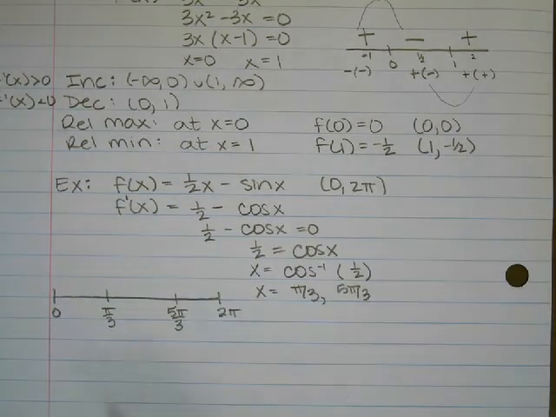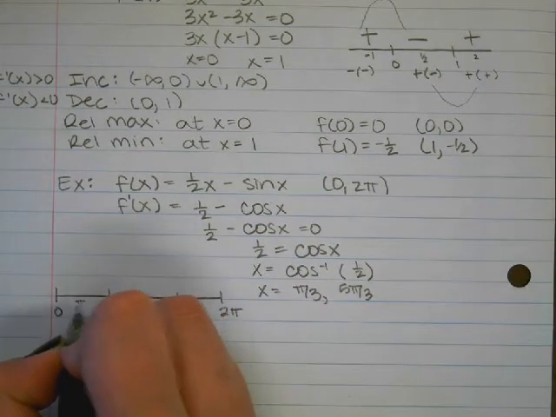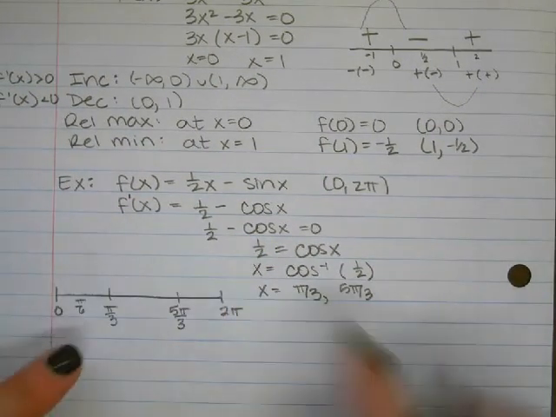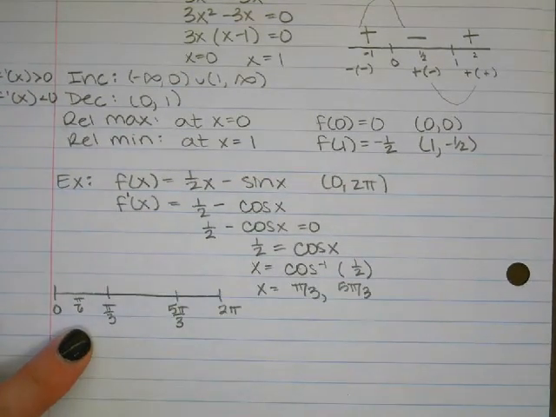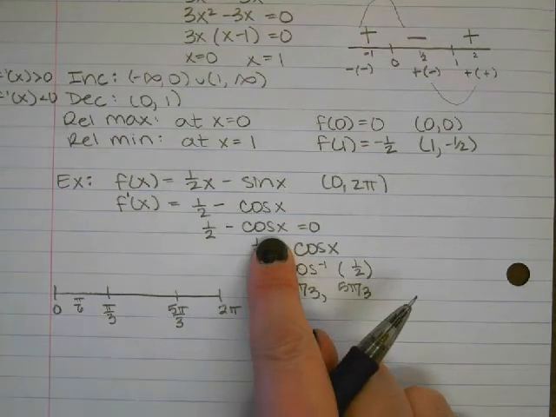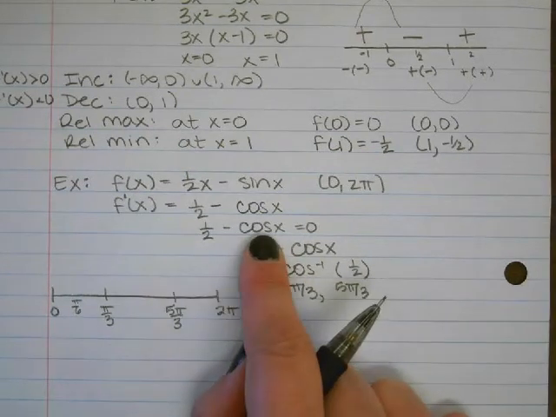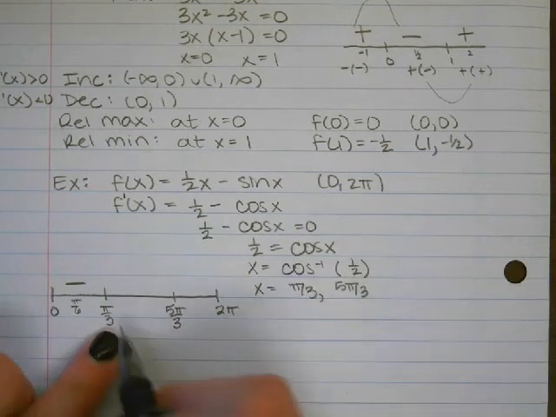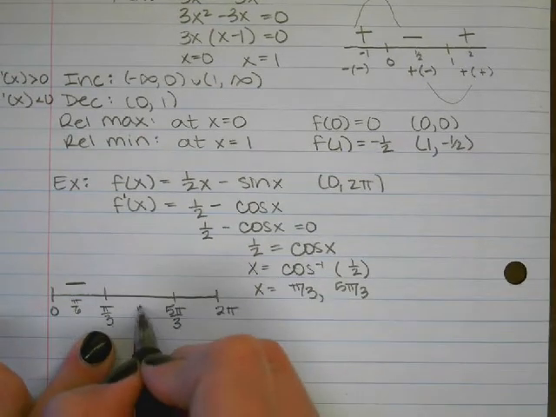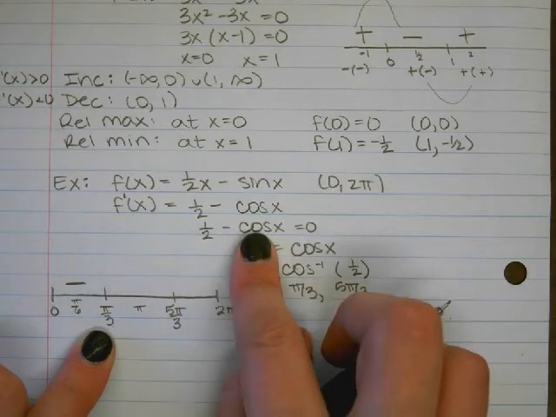So a number between 0 and pi thirds would be like pi sixths. So if I have 1/2 minus cos of pi 6, cos of pi 6 is root 3 over 2. So 1/2 minus root 3 over 2 is negative. A number between pi thirds and 5 pi thirds would be like pi. Cos of pi is -1.